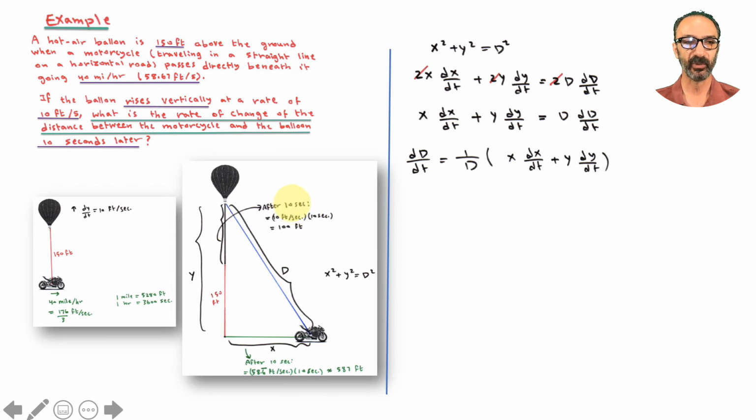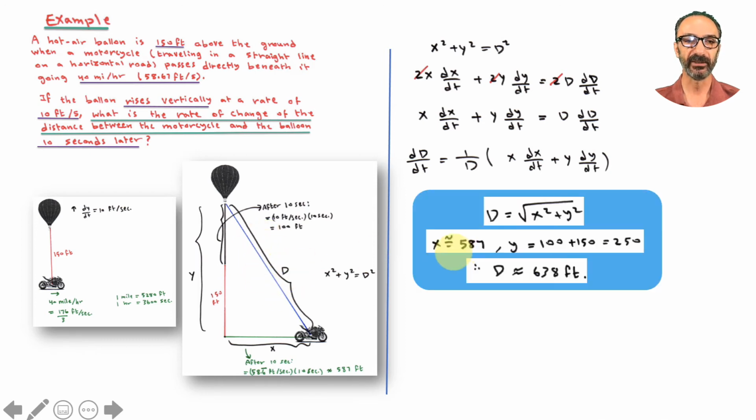I added that to 150 to get 250, but at that moment, after 10 seconds, we don't know d. Here's how you find d. We know x, we know y, just plug them in, you get d approximately 638 feet.